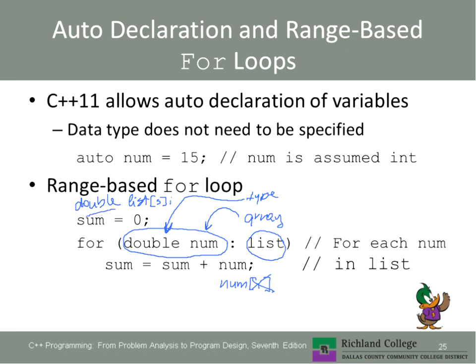So if you look at the type of the array, so there's going to be double, then we need to make sure that the variable that we're going to process each array element with is also going to be a double. And then it works with this notation, and we only use a single colon and not the semicolons like we used in the regular for loop. So some people refer to this as an enhanced for loop.